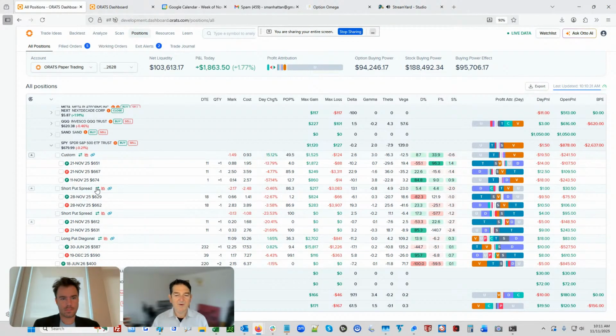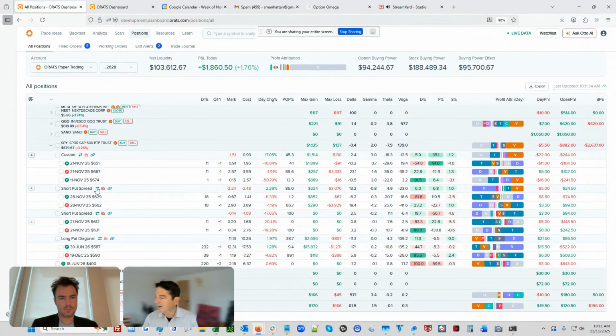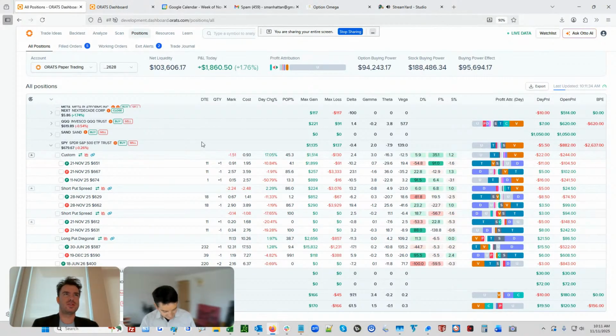So you have to say, okay, how are we going to look at all my positions together and come up with some type of overall profit and loss, based on where the market can go. Does that make sense?